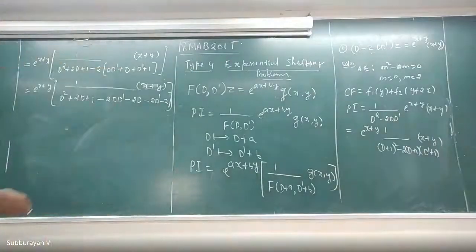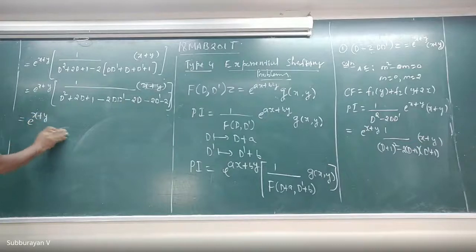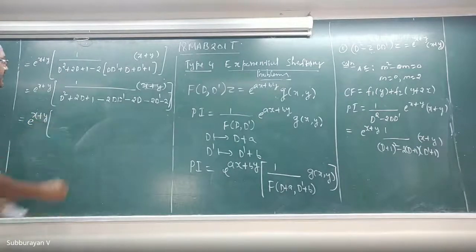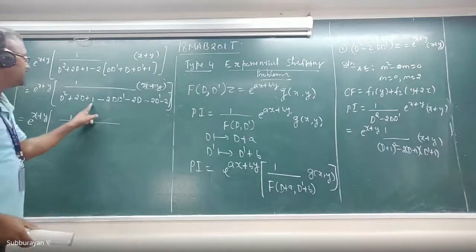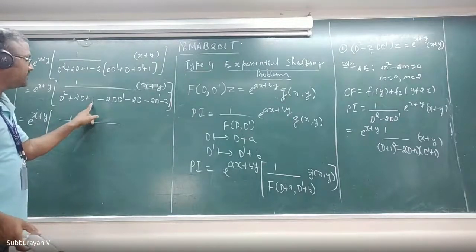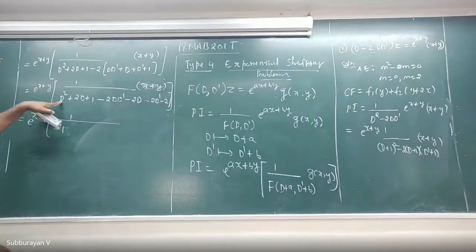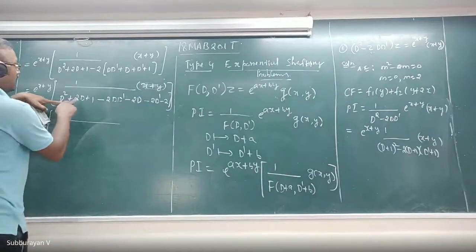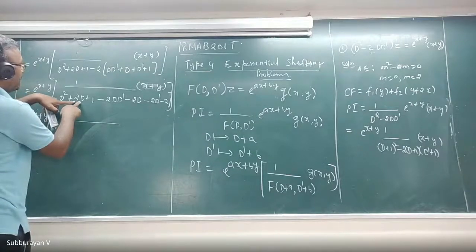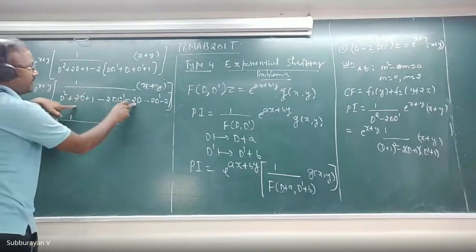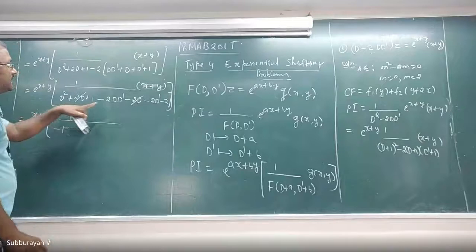This is equal to e power x plus y, and then 1 divided by, what is the constant term? The constant term is, here this is positive 1, this is negative 2, so therefore negative 1. And then, how many D? We have positive 2D and then negative 2D. You can cancel it.